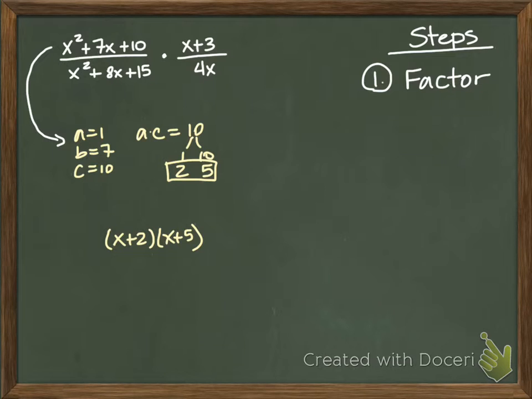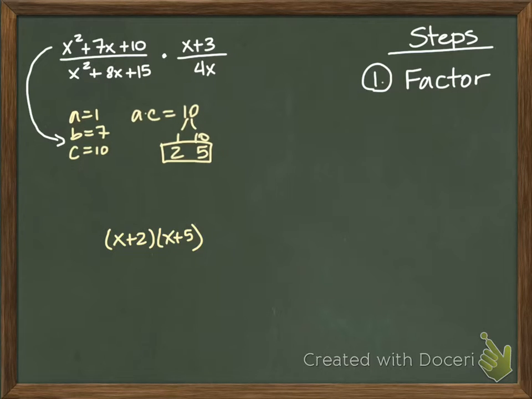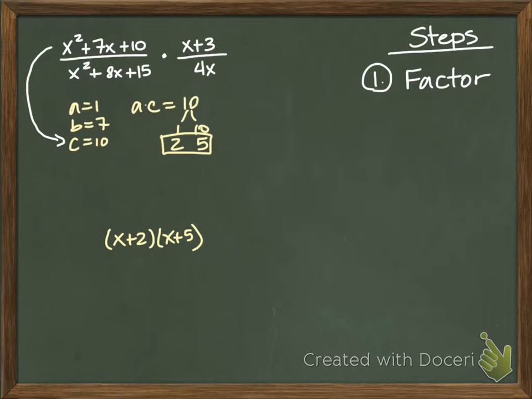Then we're going to do the same thing with the stuff on the bottom. Let me move this up because I didn't give myself very much room. So I'm going to factor the one on the bottom too. Our a value is 1, our b value is 8, and our c is 15. Well, a times c is 15, and the factors of 15 are 1 and 15, 3 and 5.